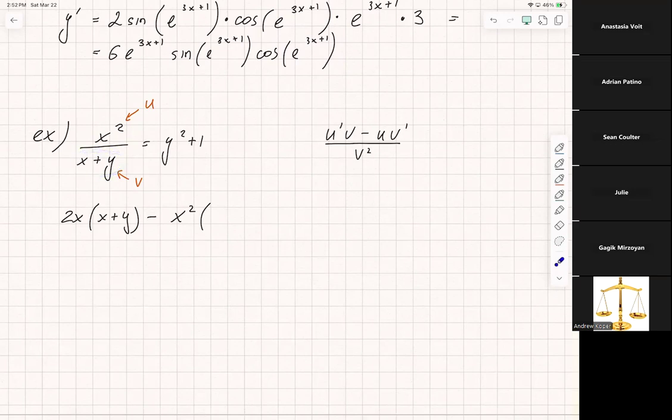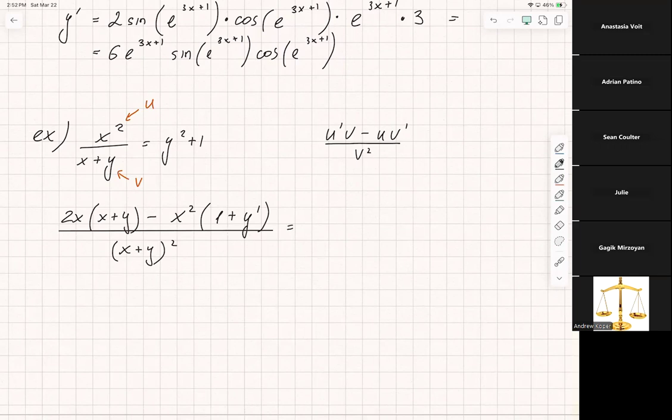The derivative of v will be: the derivative of x is 1, plus the derivative of y is 1 times y prime, right? So we would have y prime here. Now divided by the square of the denominator, x plus y squared.